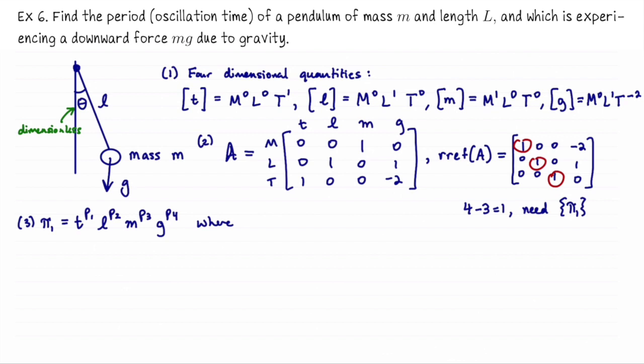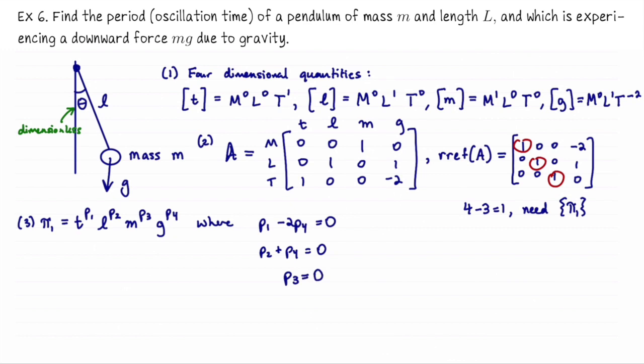If I go along the first row, that's 1p1 plus 0p2 plus 0p3 minus 2p4 equals 0. Along the second row, it's 0p1 plus 1p2 plus 0p3 plus 1p4 equals 0. So p2 plus p4 equals 0. Along the third row, it's just going to be p3 equals 0.